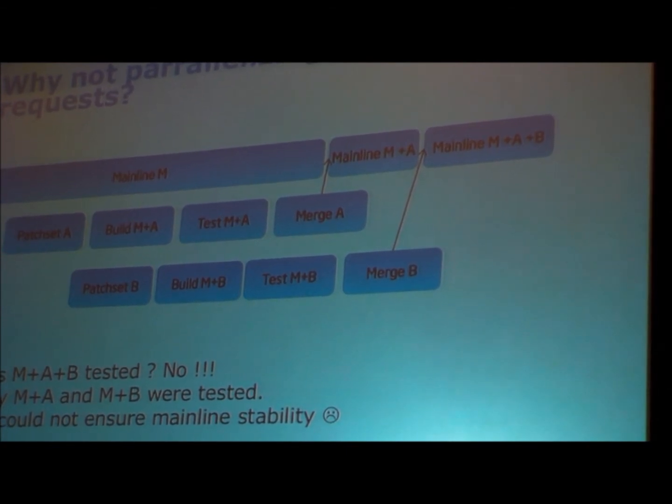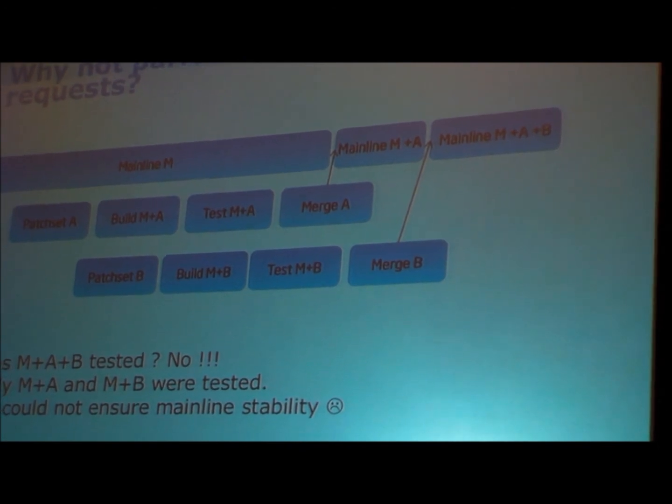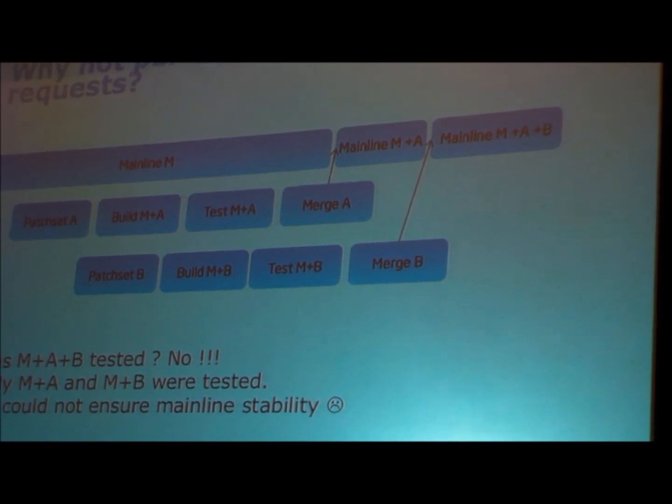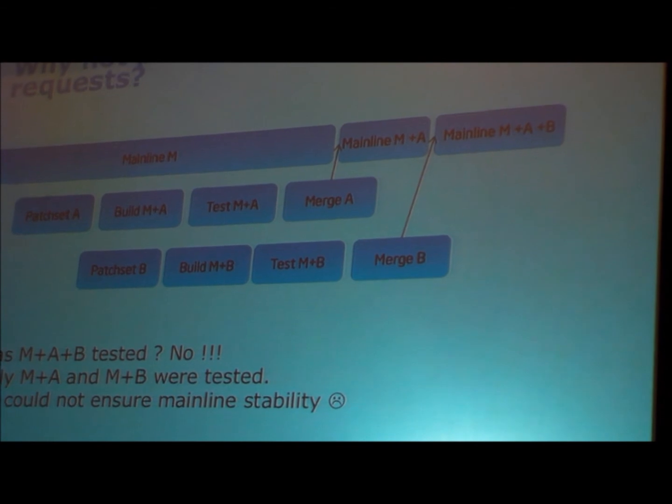It was already built, but not on the same mainline. So you have to redo your build on the new mainline, and you verify that it's still working on the new mainline. There is no conflict compared to what was merged just before.